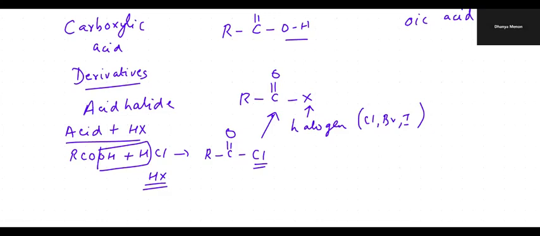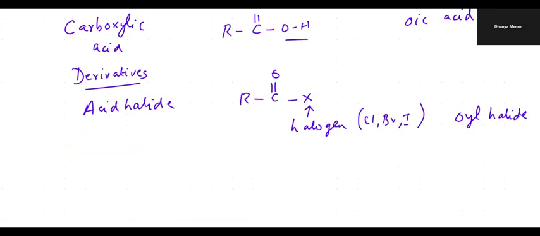And what is the suffix we use? Oyl halide. The formation of the acid halide you will be learning anyway. This is just to remember. Oyl halide is the suffix we use.